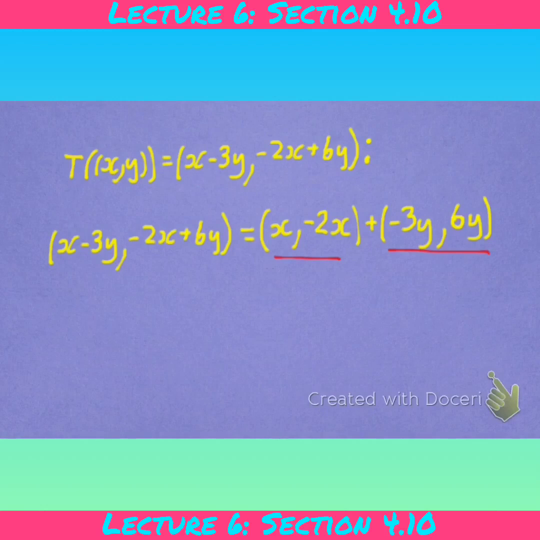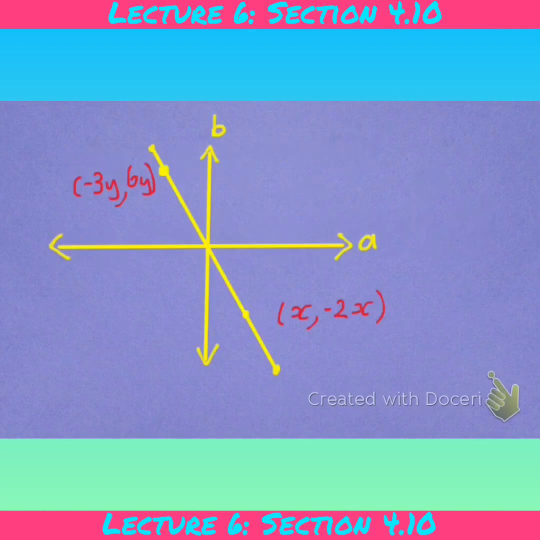Let's represent these points on a two-dimensional plane, the a-b plane. This is a point where the first component is a value x and the second component is minus 2 times that value x, and the other point is where the first component is minus 3 times a value y and the second component is minus 2 times that first component.